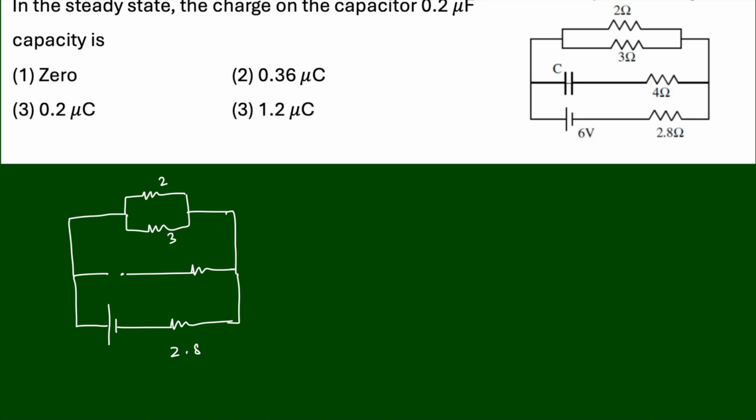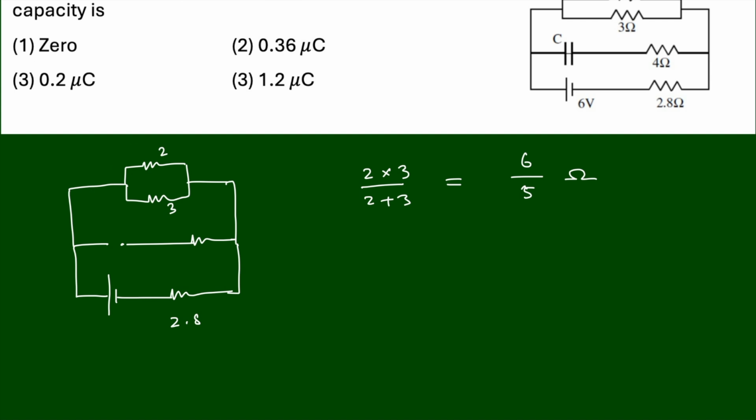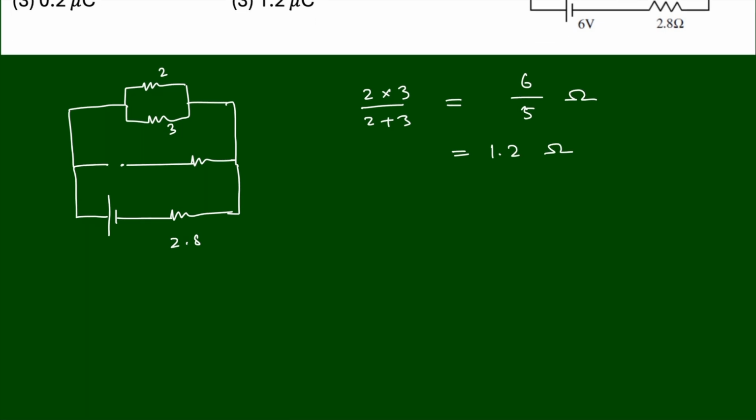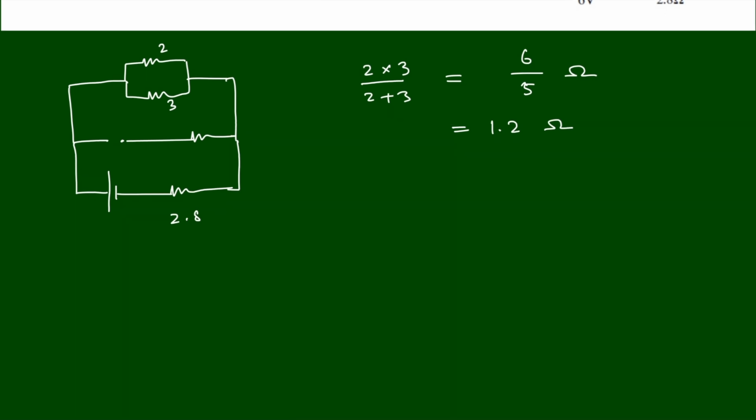Then these two are in parallel, so you will get 2 into 3 divided by 2 plus 3, that means 6 by 5 ohm, and 6 by 5 ohm is nothing but 1.2 ohm.